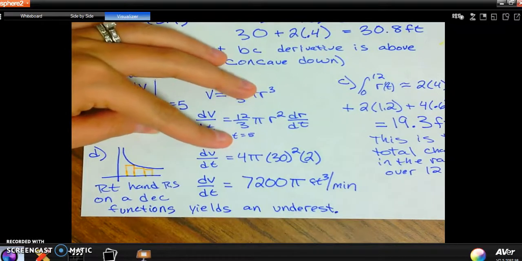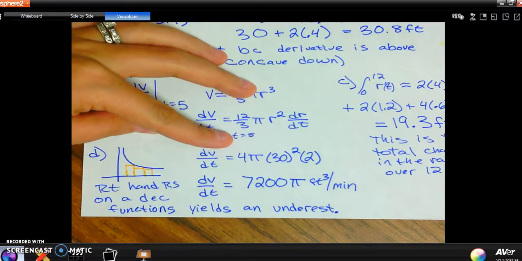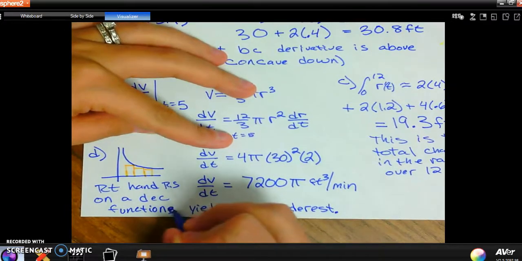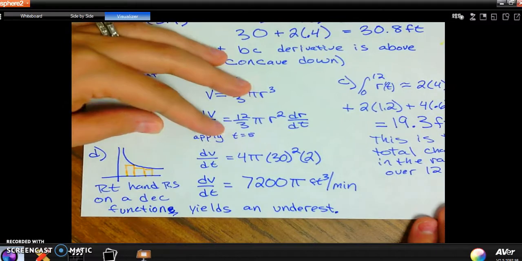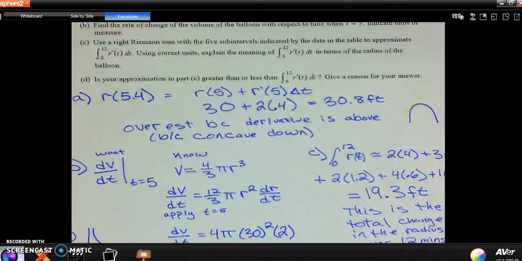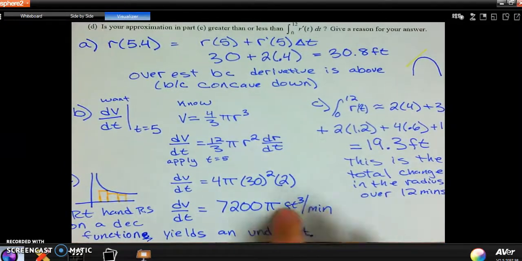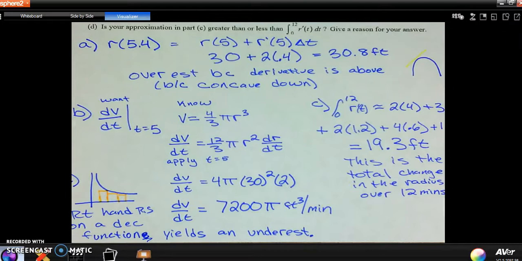And let me just make sure I answered the full question. Is it greater than or less than? I answered that. Give a reason: because a right-hand Riemann sum on a decreasing function yields an underestimate. Okay, so we have an underestimate there. Hopefully that would be enough. And go through and make sure you have all your units on this one. That gave you a point. I think this one was definitely very doable to get your 6 points there.